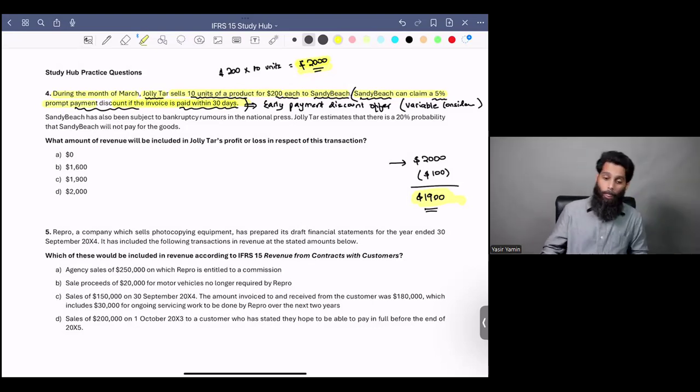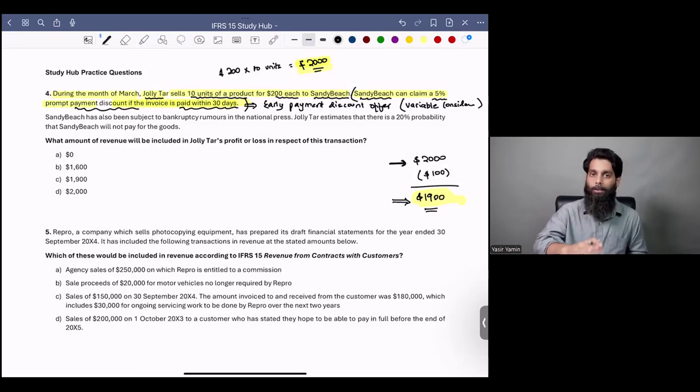Now, the whole point that we need to assess in this particular context is if the true transaction price is $2,000 or if it is $1,900. And whether it is $2,000 or $1,900, the core thing is this discount.